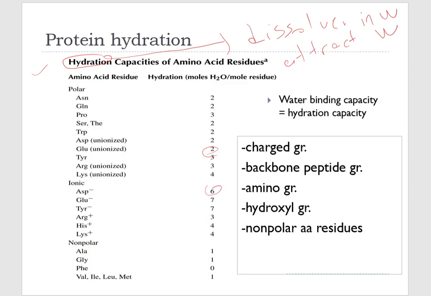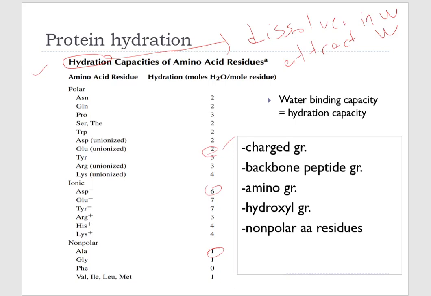And here we have an uncharged polar amino acid residue which binds about 2 moles of water per residue. And the non-polar groups bind about 1 mole of water per residue. They have different hydration capacity.